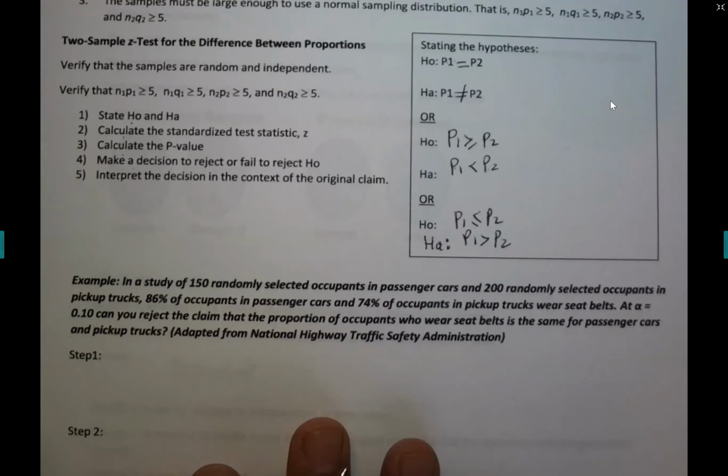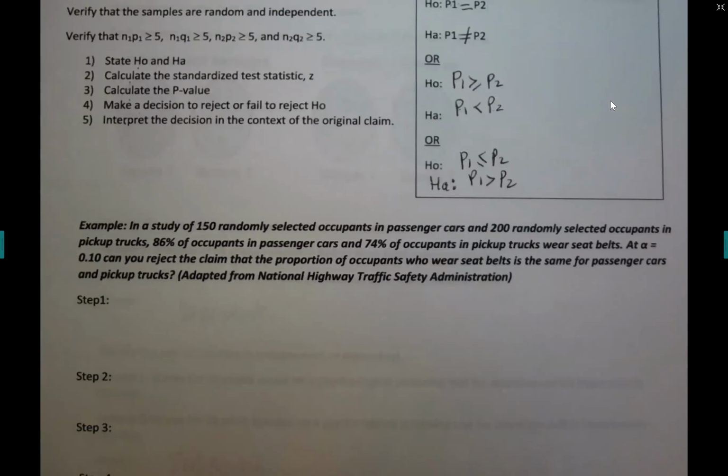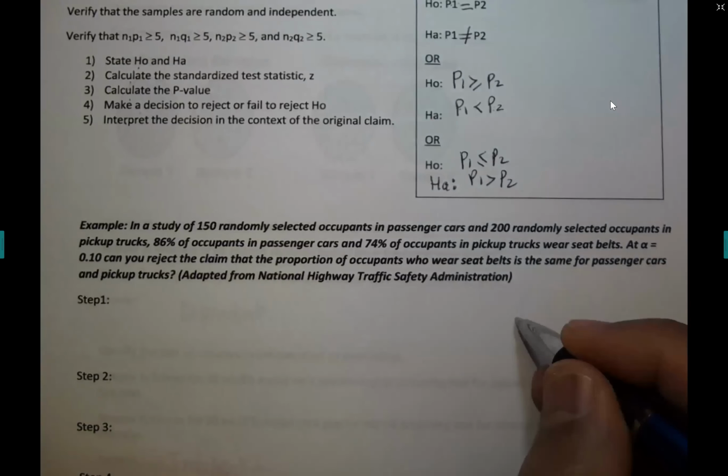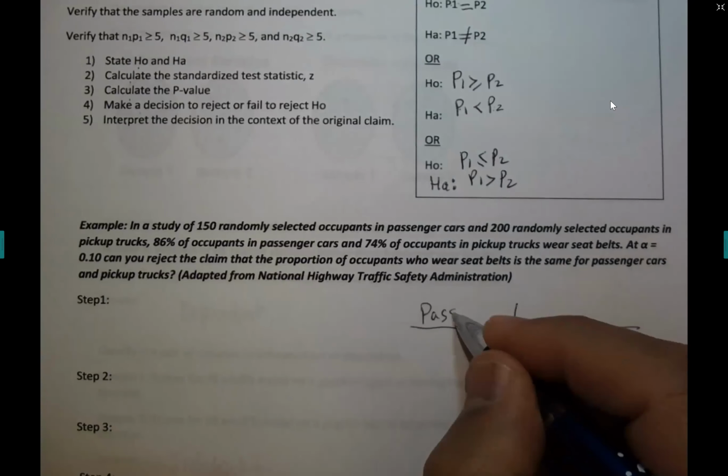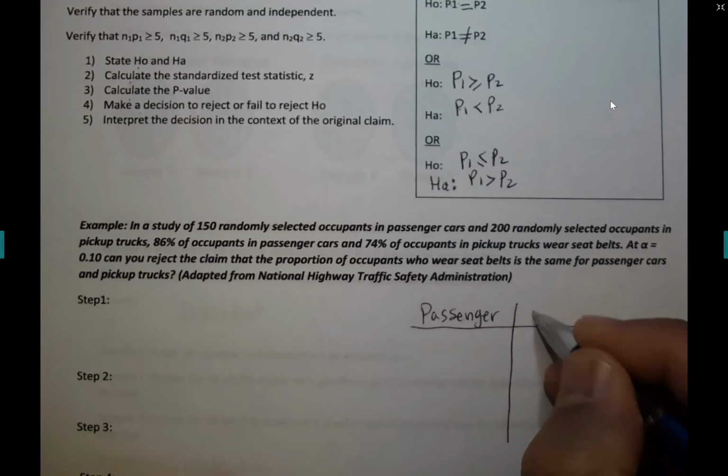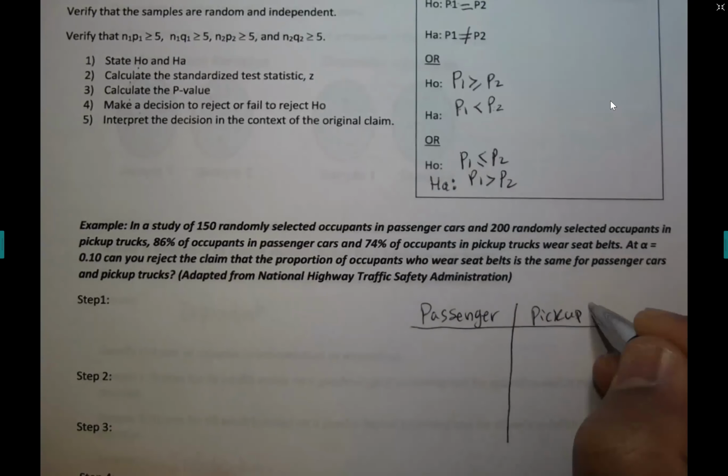And please help me out with this one. In a study of 150 randomly selected occupants in passenger cars and 200 randomly selected occupants in pickup trucks. So we have 2 populations, guys. Passenger cars and pickup trucks.